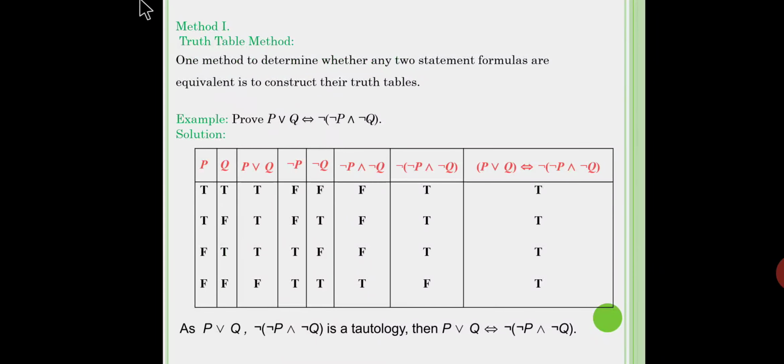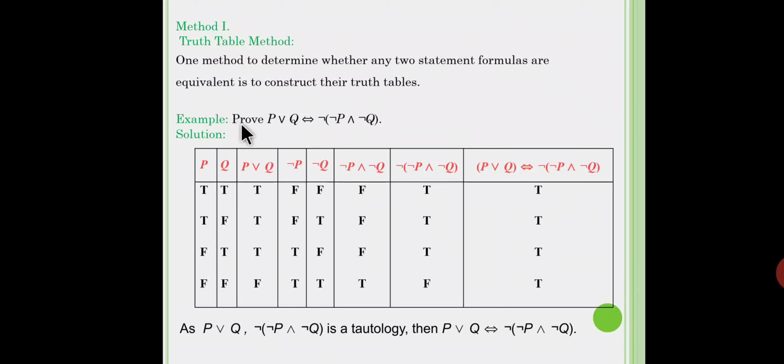The ways of showing equivalence are of two kinds. The first one is the truth table method. One method to determine whether any two statement formulas are equivalent is to construct their truth tables.